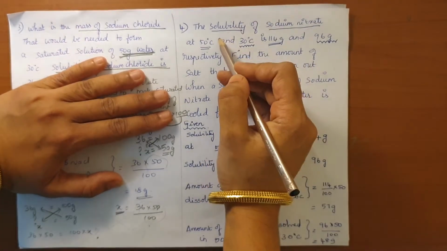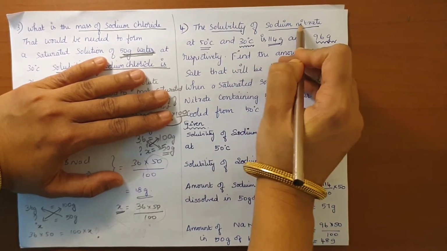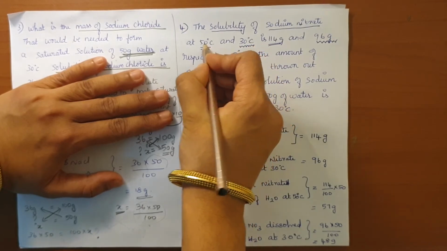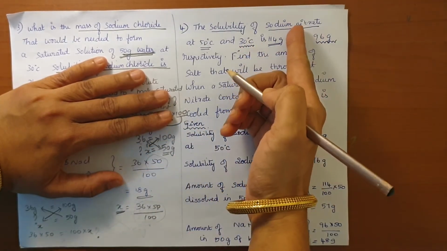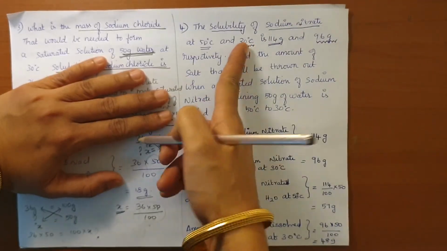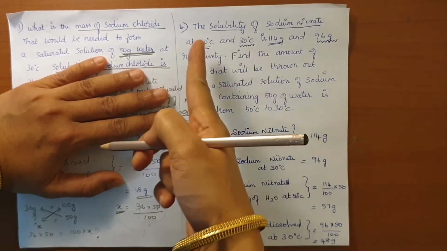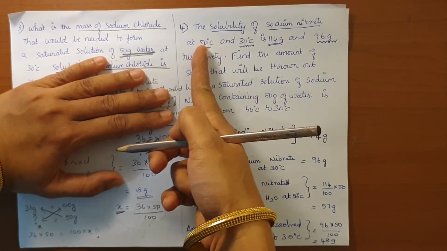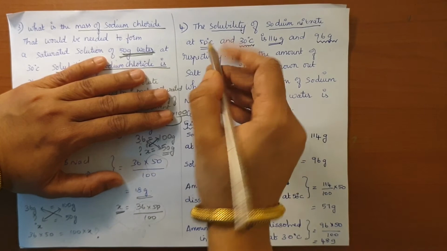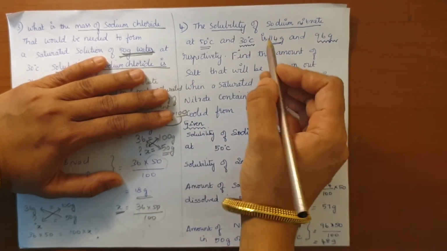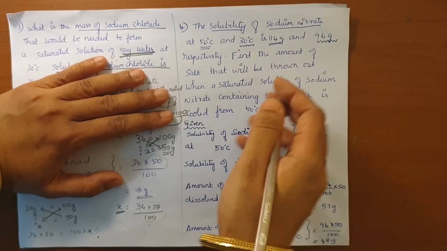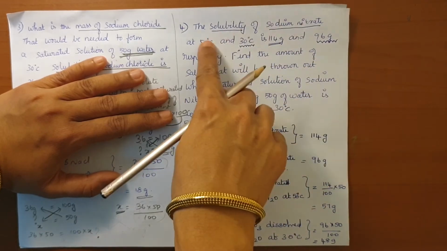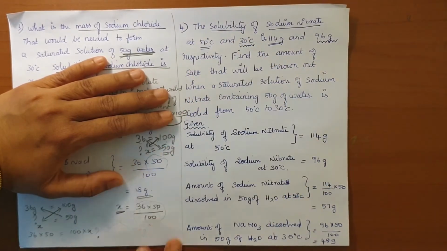The problem gives the solubility of sodium nitrate at 50 degrees and at 30 degrees. If I increase the temperature, the solubility will increase. Based on that concept, they have tried to dissolve sodium nitrate at two different temperatures.